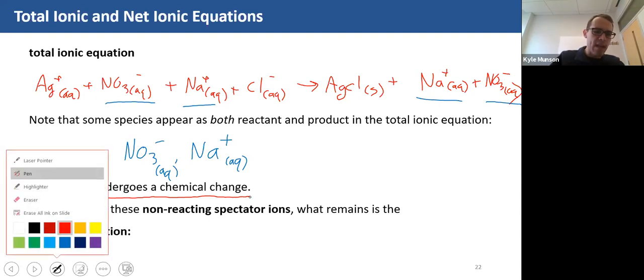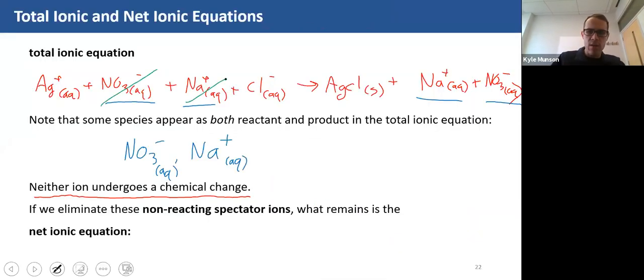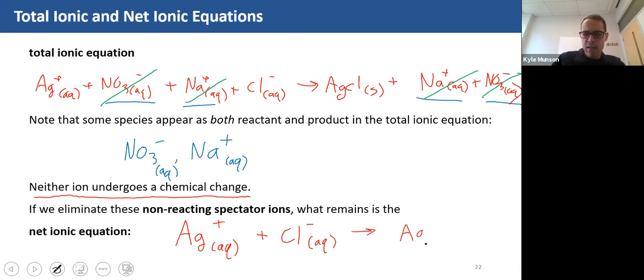Okay, so if you just take these out on both sides of the equation, what we're left with is what's really going on in solution, which is silver ion plus a chloride anion gives me solid silver chloride, okay? And this is what we refer to as our net ionic equation, okay? So again, not too difficult.